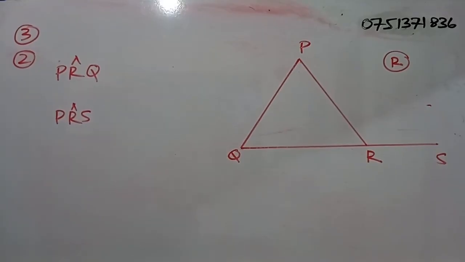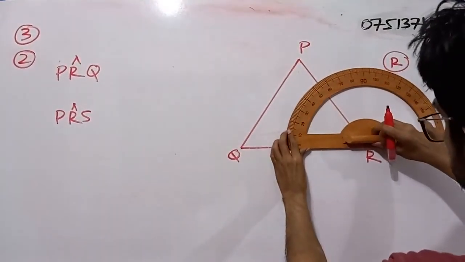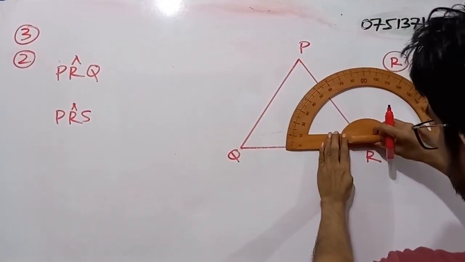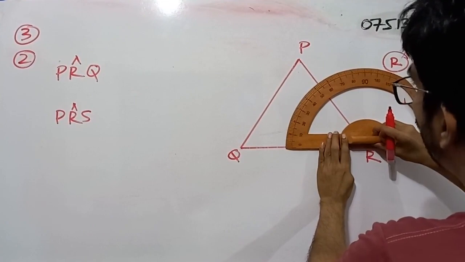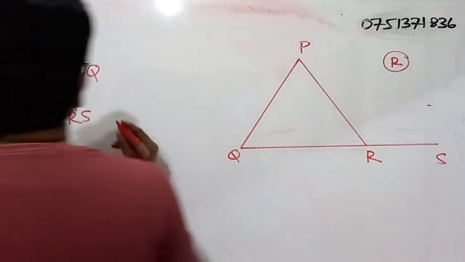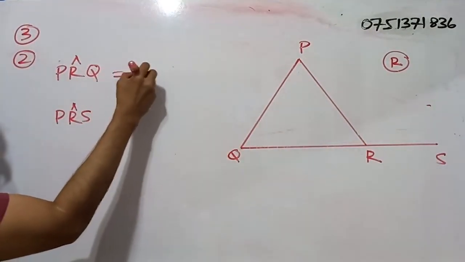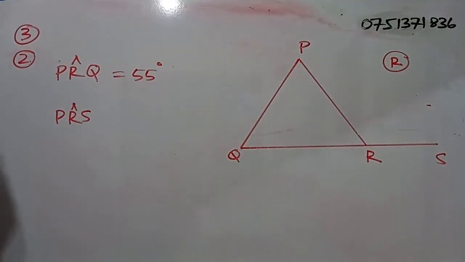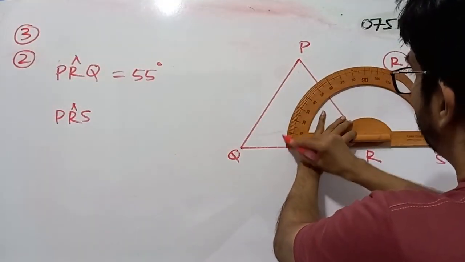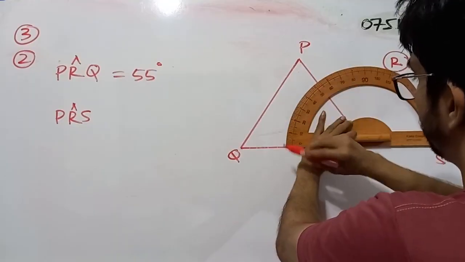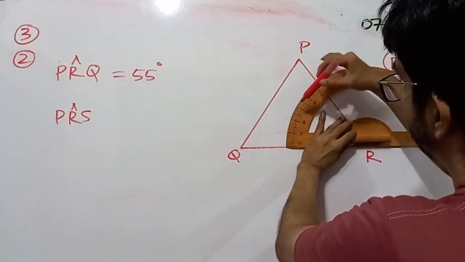Right, so PRQ, you have to measure the angle. So this is like 54 degrees. So 54, 55, so I will take it as 55 degrees. Then PRS. So from here, since I have only the outer scale, what is this angle?